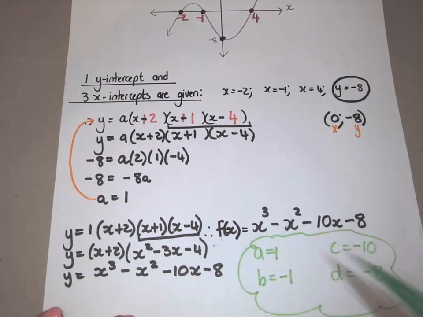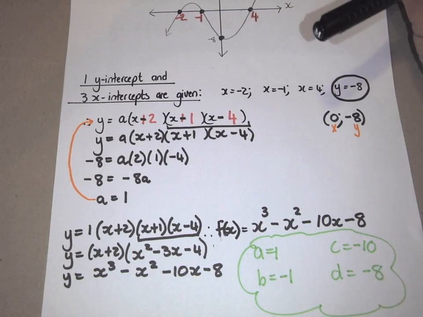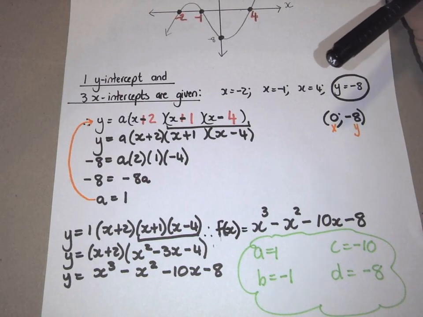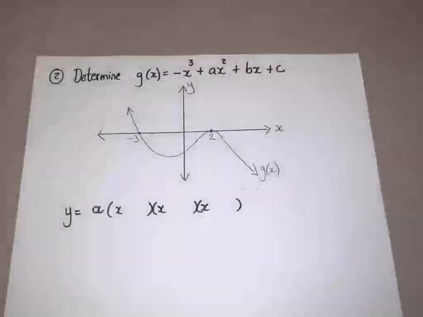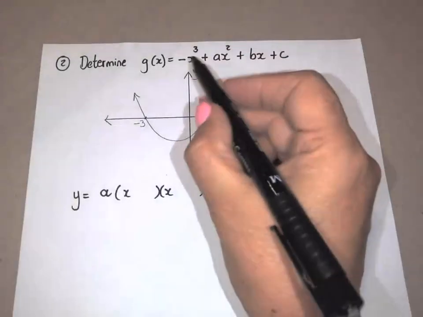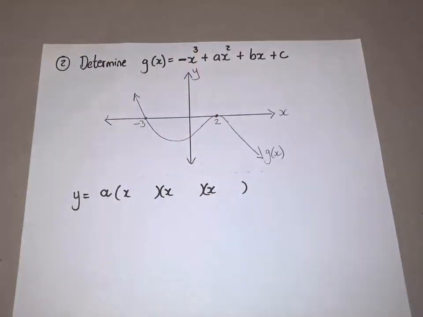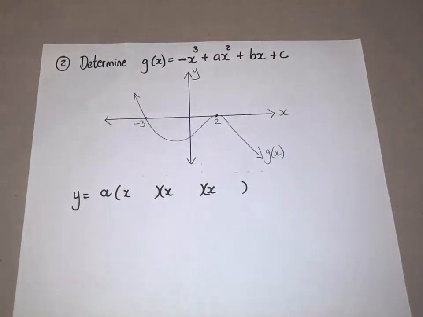Okay. Now let's look at our next one. Determine g(x), and they give you an equation. They show you, however, that it is a negative cubic function, and we want the full function formula.